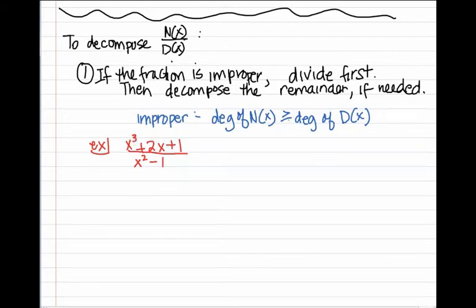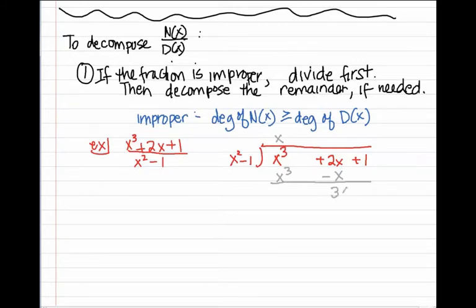To divide, remember that is polynomial long division, so x cubed plus 2x plus 1. And just a quick rundown, see if you guys remember how to divide. You put x here, so x times x squared, and then x times an x. Remember, we're subtracting here, so this gives us 3x. So we're going to have 3x plus 1. So our remainder is plus 3x plus 1 over x squared minus 1.